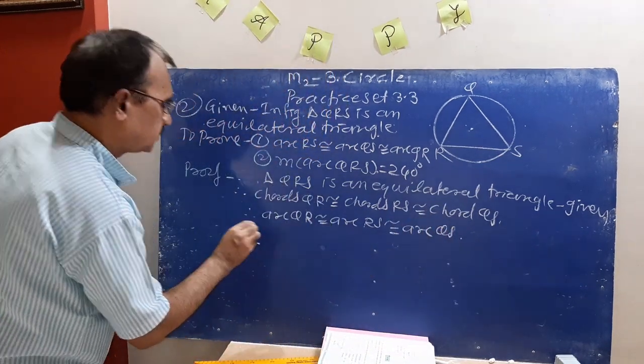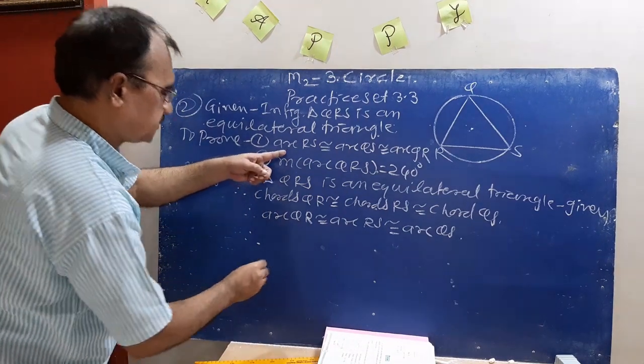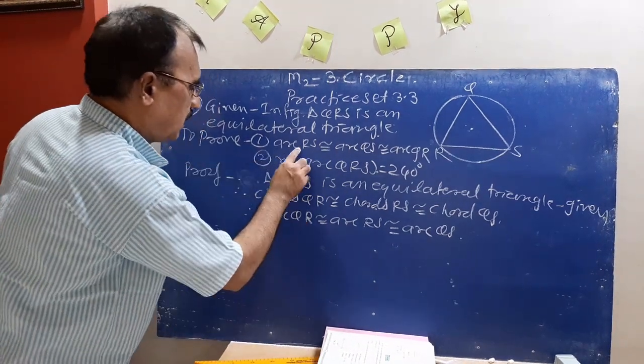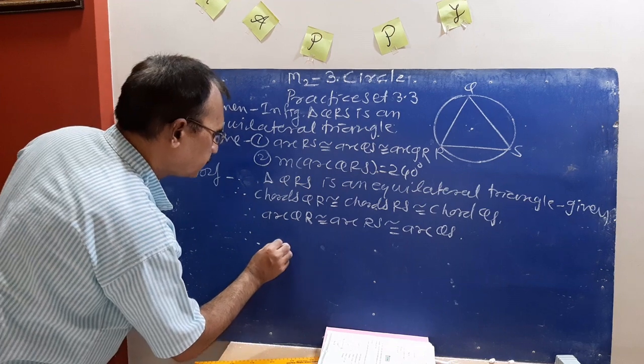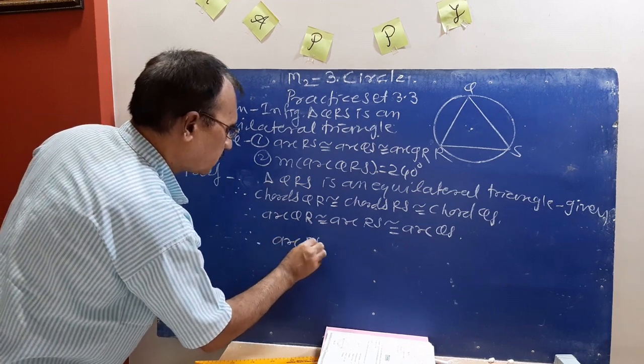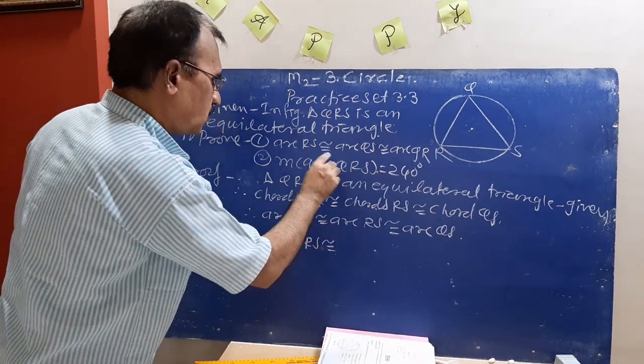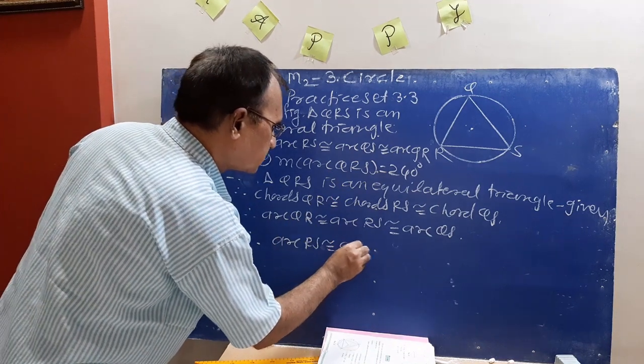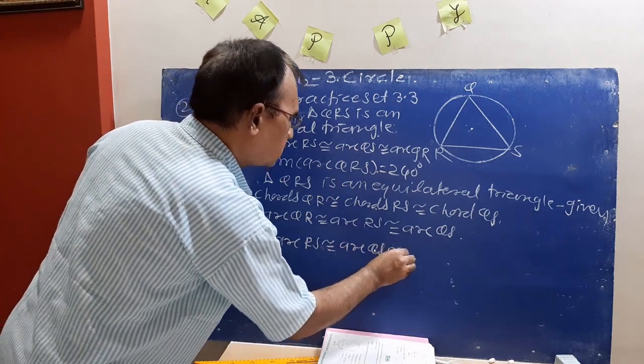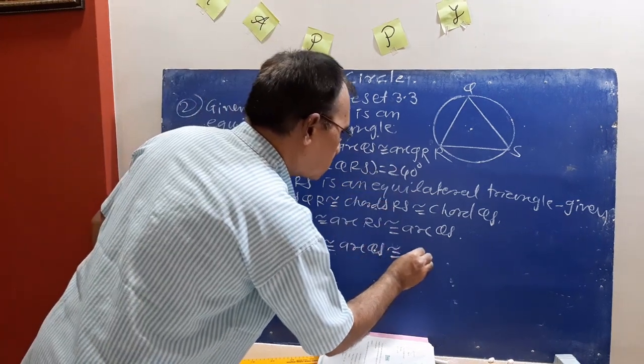Therefore, according to this sequence, arc RS is congruent to arc QS is congruent to arc QR.